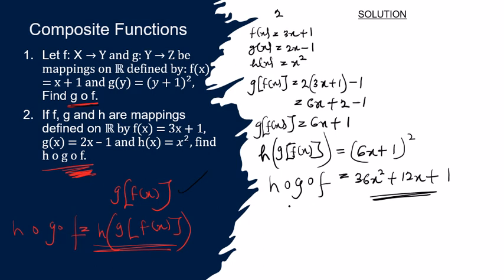So this is what we are told to find: 36x squared plus 12x plus 1. So this is how to find or solve composite functions. This is how to work out composite functions.